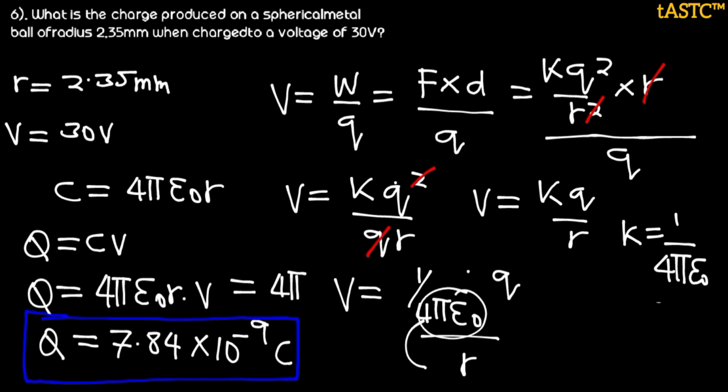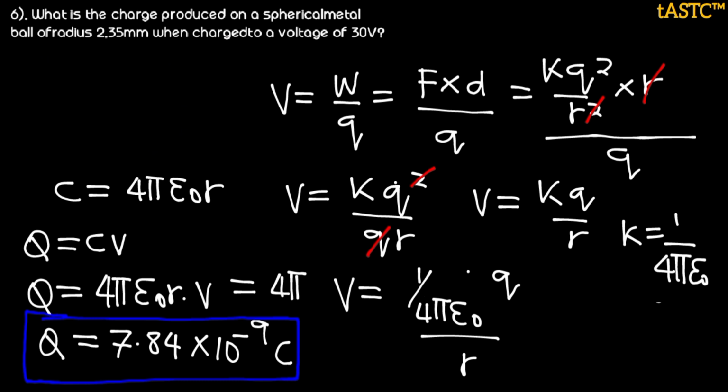This is going to sink down. And so we're going to have V. V will be equal to Q, I'm going to write it with an uppercase, divided by 4 pi E naught R. So this is the formula for that.